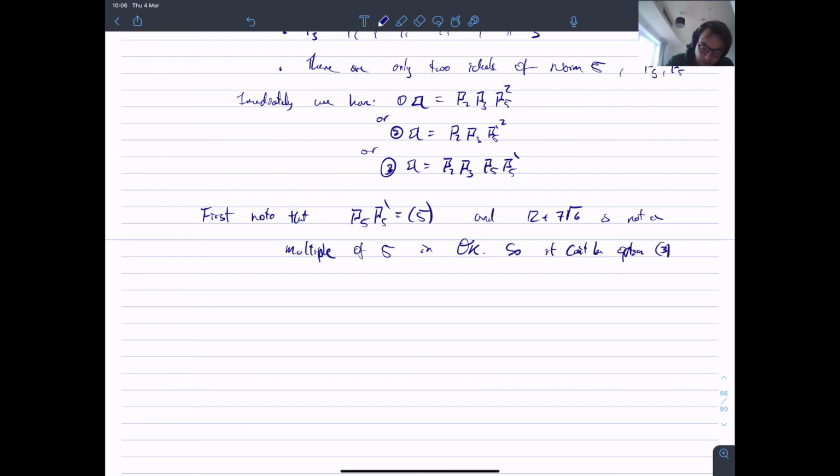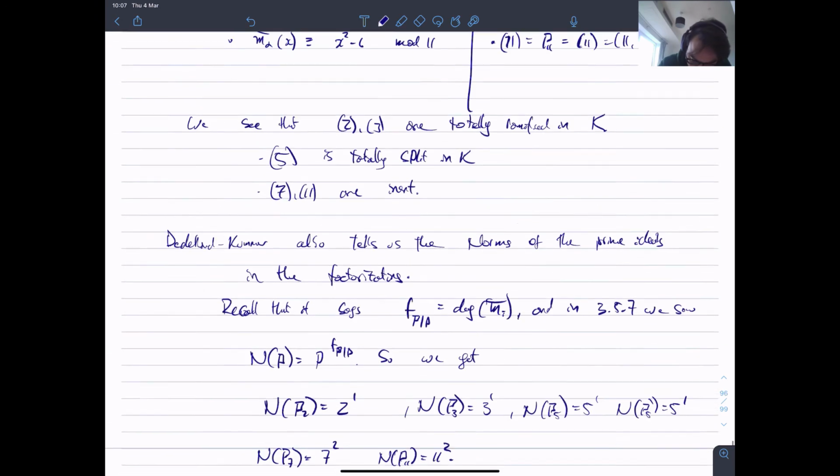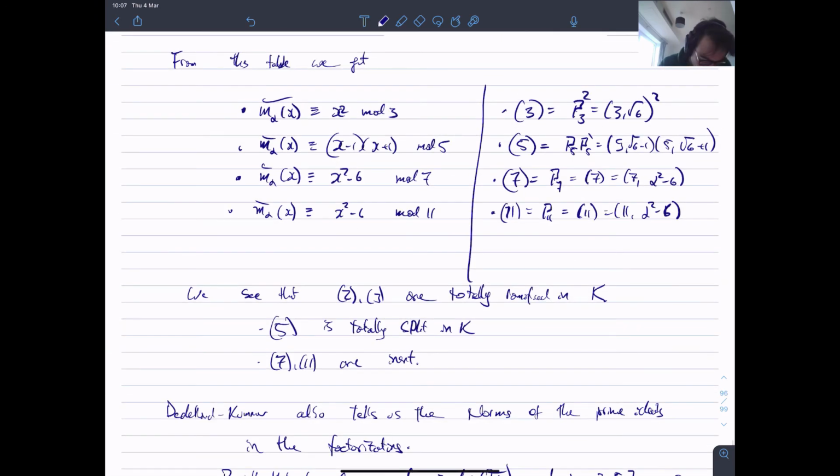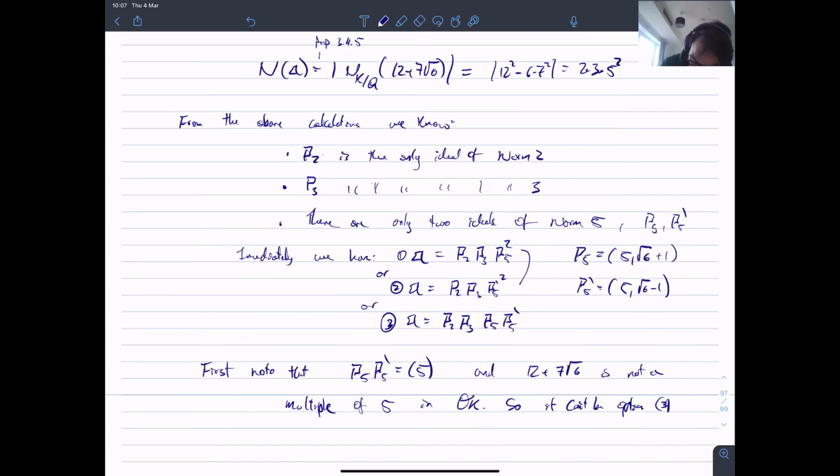So now we have to figure out which of these 2 it is. It's right here. Remember, P5 was 5, square root of 6 plus 1, and P5 primed was 5, square root of 6 minus 1. Okay, it doesn't really matter, but let's be consistent.